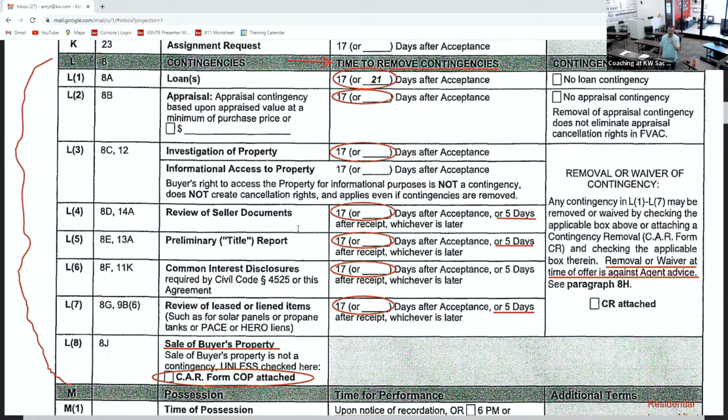When you write this offer, that's a bit of work. Processing it, getting it to the seller, that's also a bit of work. On the seller side, on the listing agent side, you're putting them through a lot of work. And you want to make sure you're not just doing it willy-nilly and putting multiple offers out on multiple properties without telling these listing agents what you're doing, because then you also get into code of ethics violations for failure to communicate.